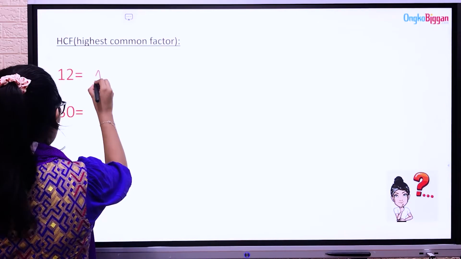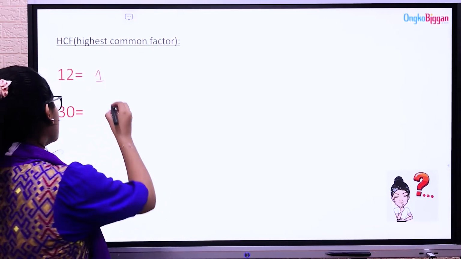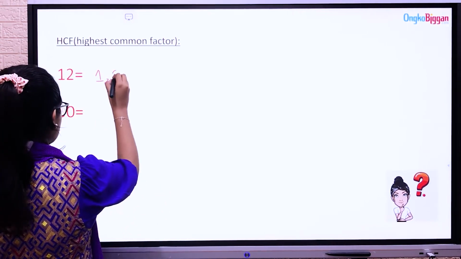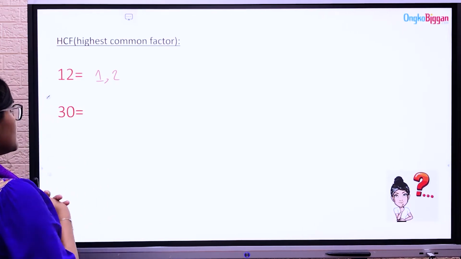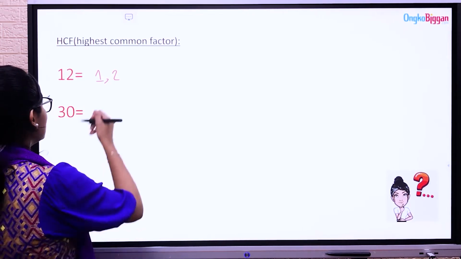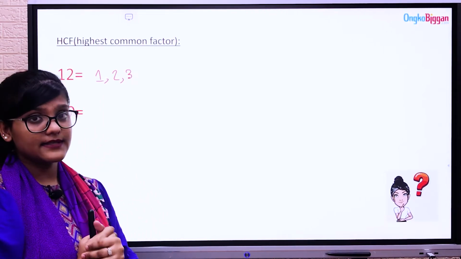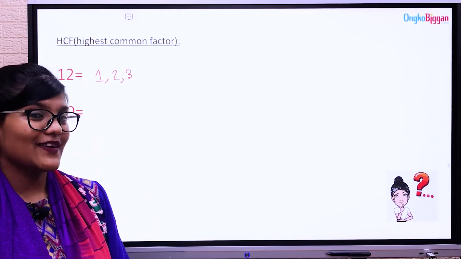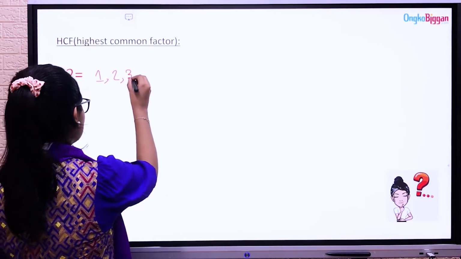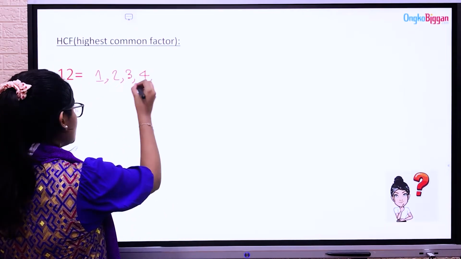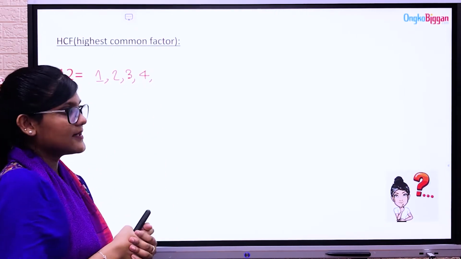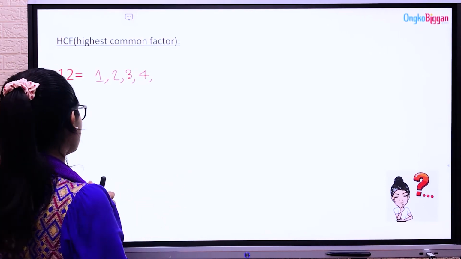So 1 is a factor of 12. Then 12 is also divisible by 2, so we also take 2. Again 12 is divisible by 3, that means 3 fours are 12. So 12 is also divisible by 4 as well. Then we can't divide 12 by 5, so we will not have 5 as a factor of 12.